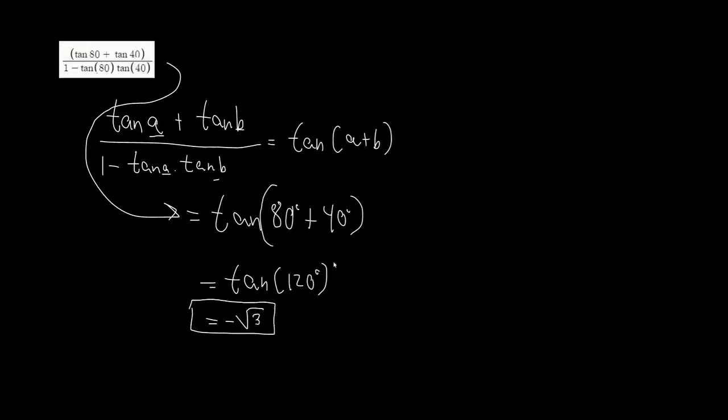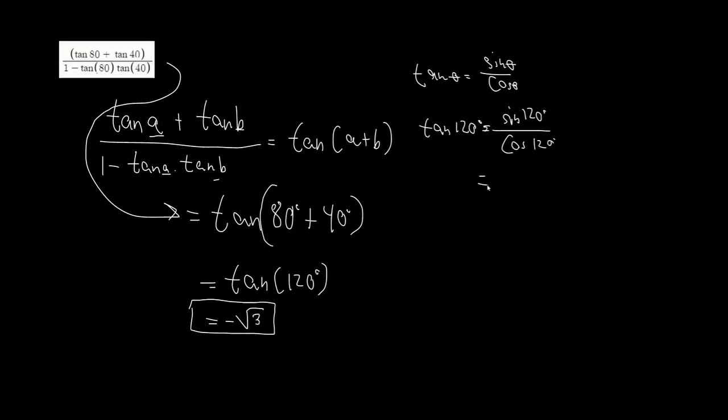Okay. For those who are not familiar with tangent, they only know sine and cosine, no problem, okay? Recall that tangent theta is equal to sine theta over cosine theta. All right. So the given angle we have, tangent 120 degrees, is equal to sine of 120 degrees over cosine of 120 degrees.